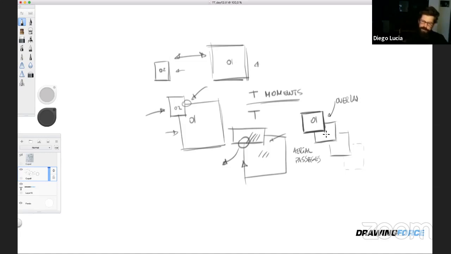But look at the depth we create, the illusion of depth, using those tricks like darker lines, lighter lines, aerial passages, and this broken line that could be really light, even lighter than this one. The lighter we go, the further away we feel that object is.